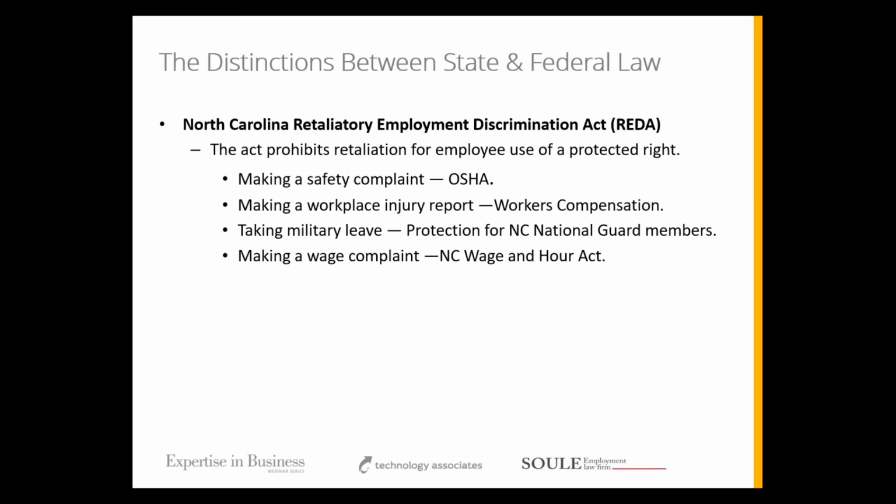So remember under RETA, if an employee makes a wage complaint about overtime and we discipline or terminate, then it gives the employee the ability to file a retaliation claim. Well, here's where our written policy comes in to protect us.